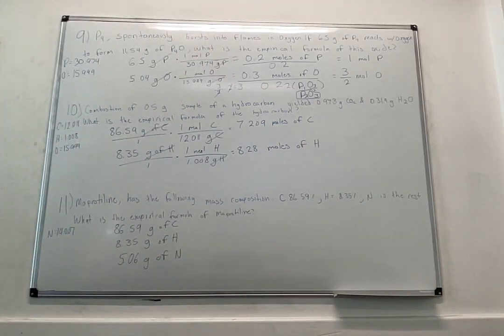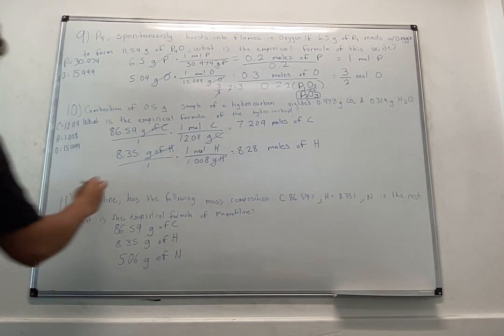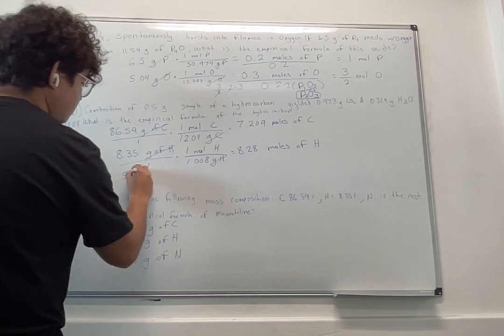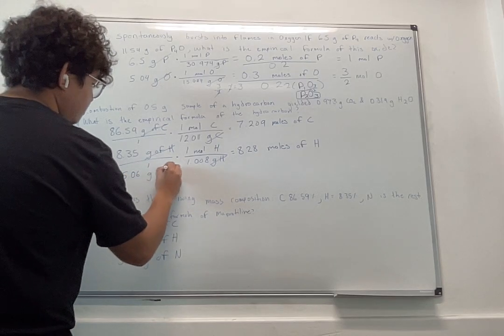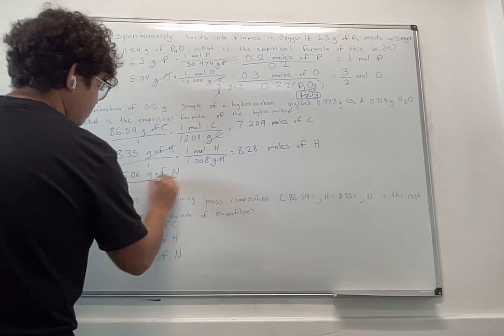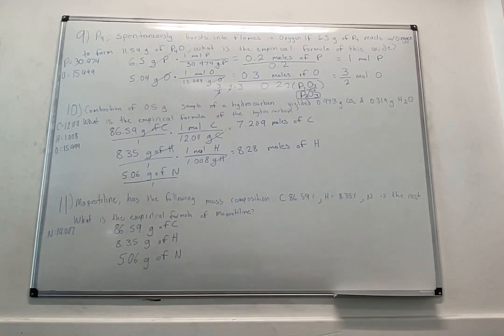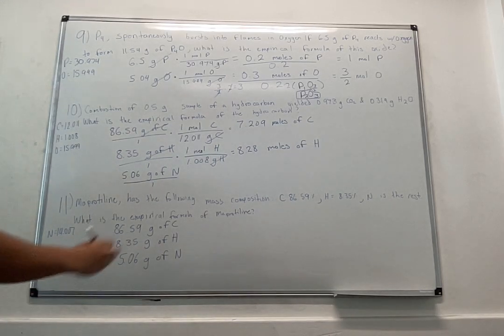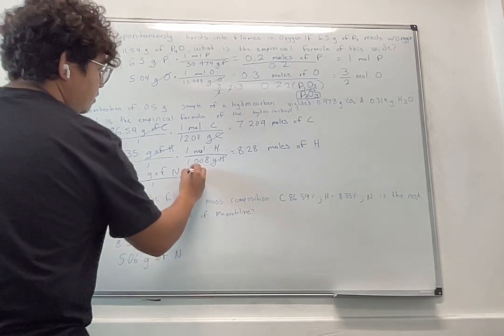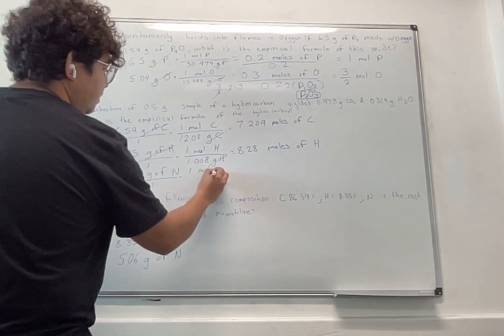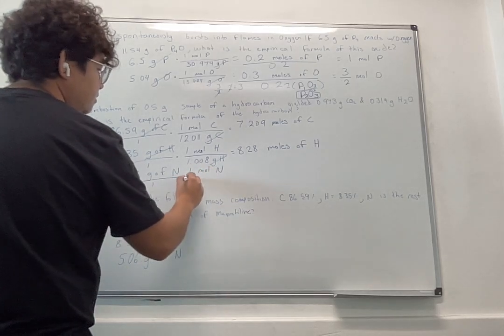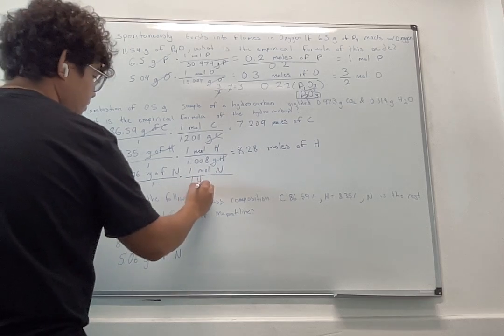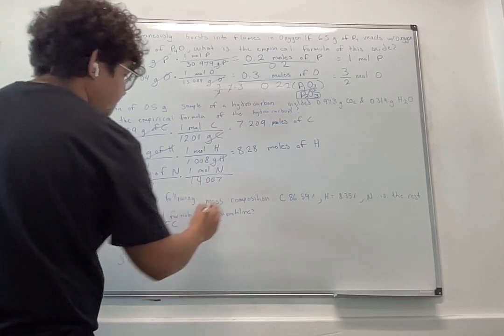Okay, and then the final one we have is nitrogen, 5.06 grams of nitrogen over 1. Nitrogen, I got the weight down here, 14.007. So how much would 1 mole be? 1 mole of nitrogen over 14.007.